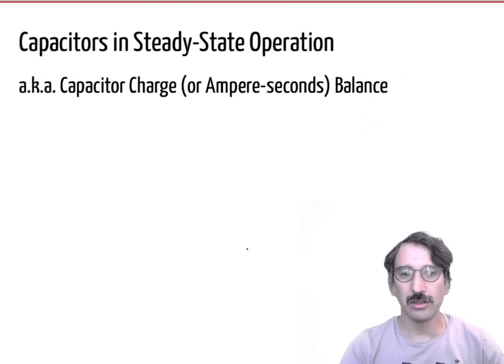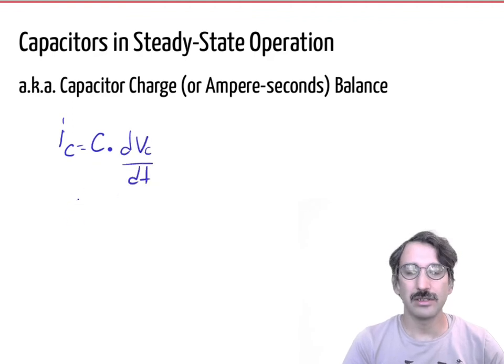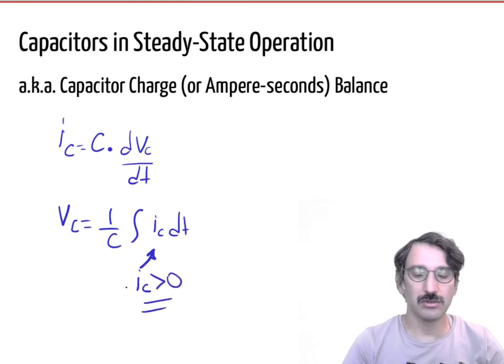Okay, you have the same thing with the capacitor. You can write the capacitor current as C dVc over dt, and the capacitor voltage is equal to 1 over C integral of IC over some time. If IC is always positive, you are charging and charging, so the capacitor voltage keeps increasing.